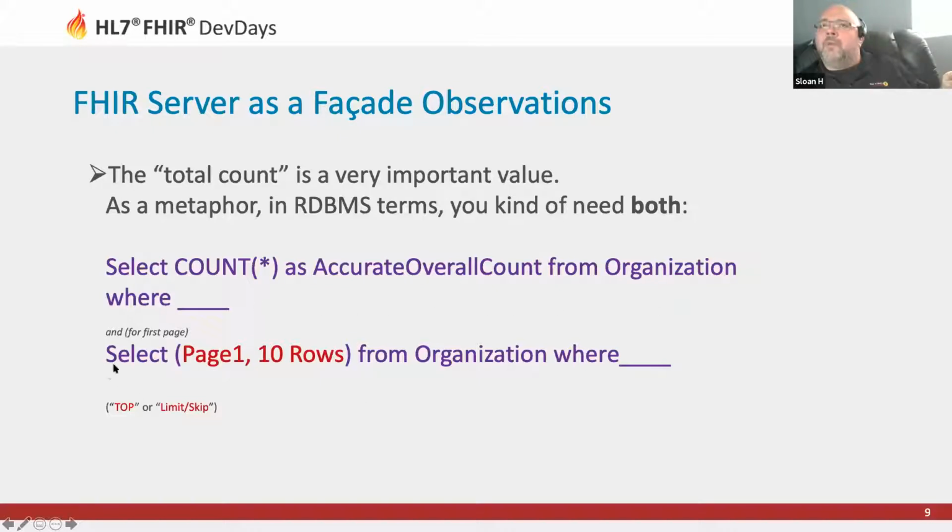Then the second operation: give me page one and the row count, the 10 rows in this example, from the organization with that same where criteria. This became very important when we were doing the implementations. We had to contract with some of our backend systems to provide this, because a lot of them never had that need before. They would just page to us on demand.